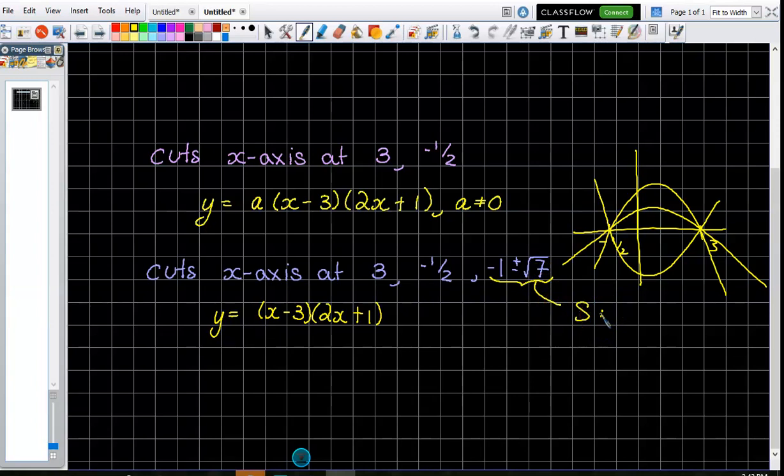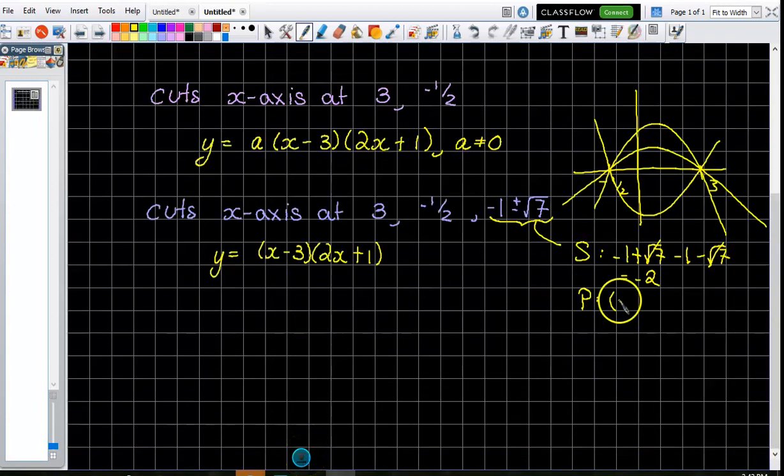The fact that you didn't yell at me and go sum and product makes me a bit sad, because now I'm going to say minus 1 plus root 7 plus minus 1 take root 7. What happens to the yucky bits? They cancel out. Is this coming back to you? Thank you. Minus 2. What happens with product?